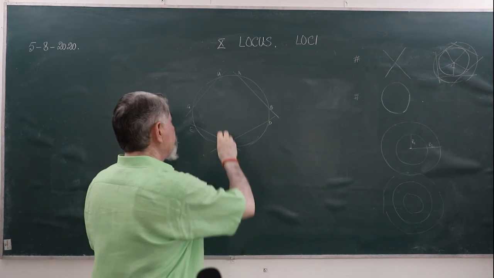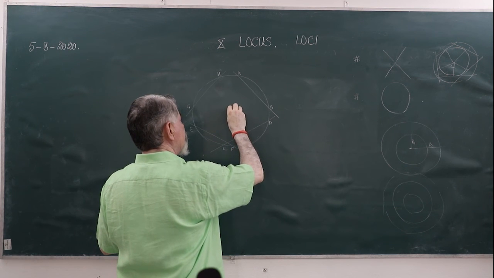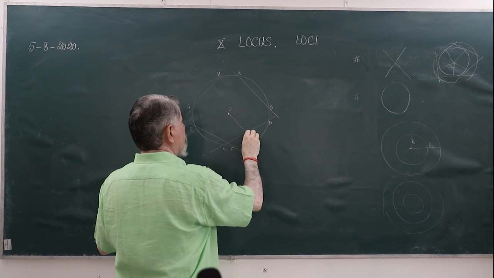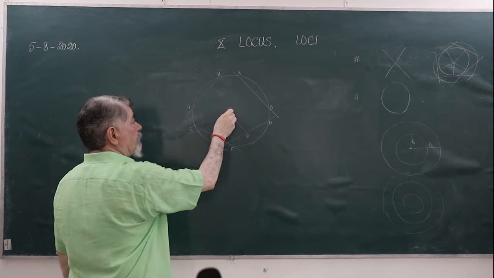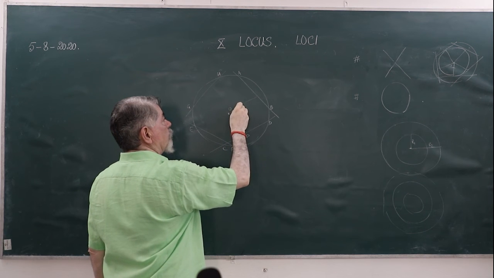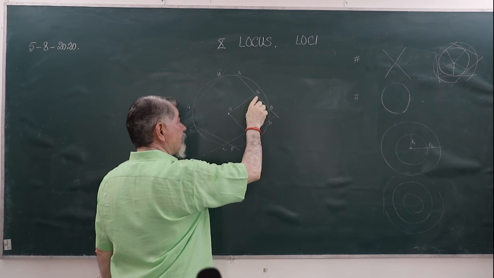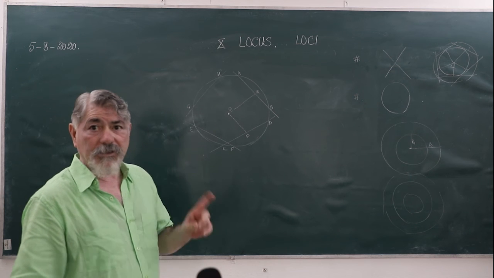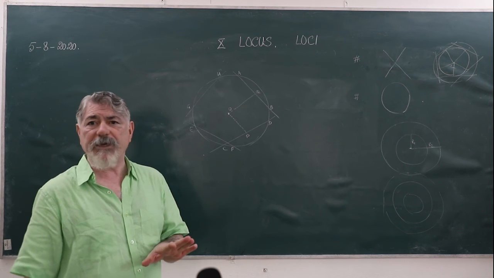That means if O is the center, and I drop a perpendicular here, OP, and drop a perpendicular here, OQ, then number one, it will bisect the chord. It will be perpendicular, will always bisect the chord.